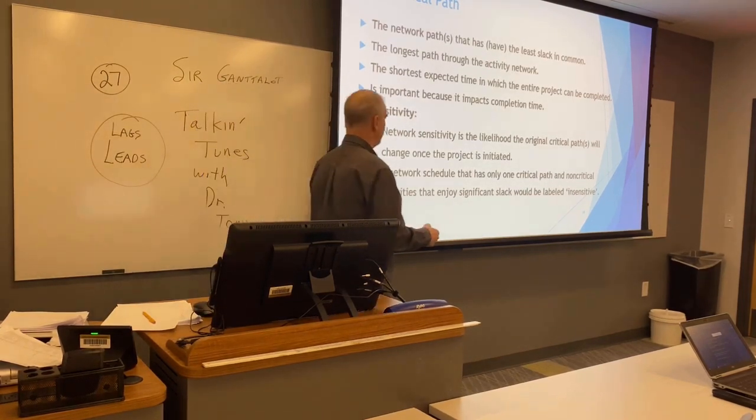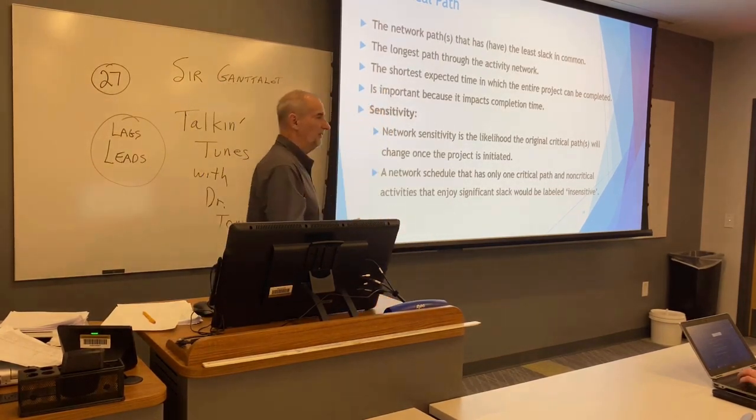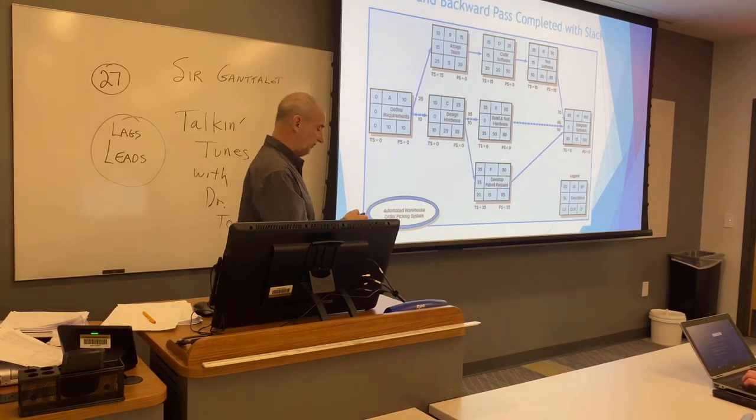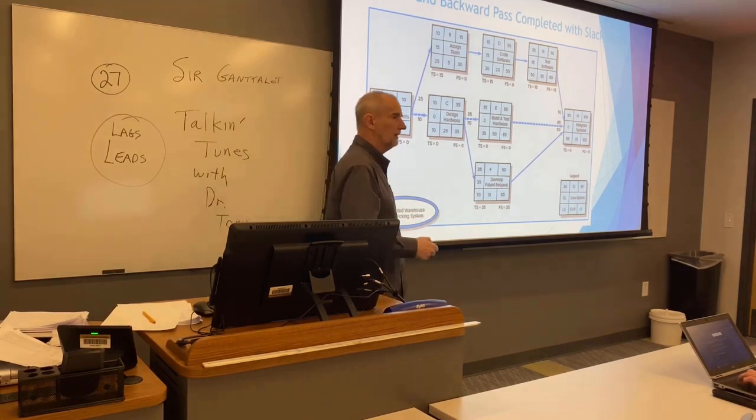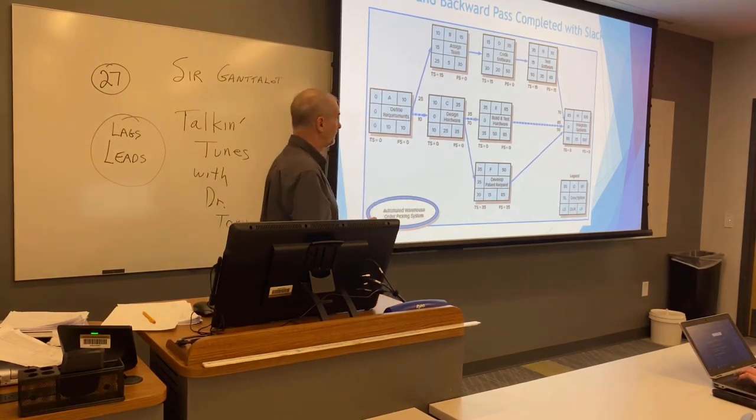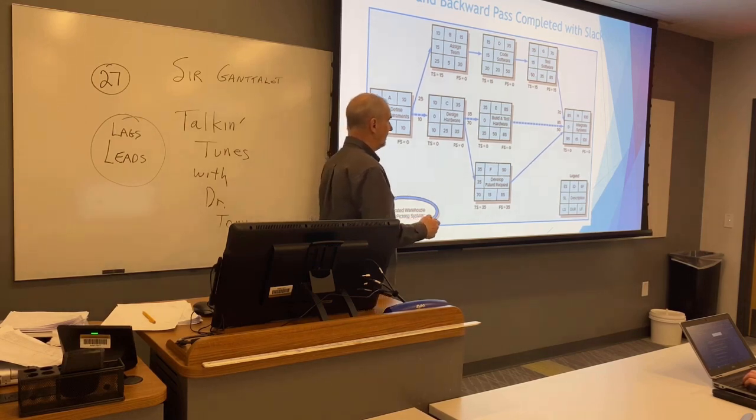Let's talk about sensitivity. These two paths are not very sensitive, are they? They're only sensitive if you exceed the slack. If somebody takes 50 days too long to do this one, if they start on day 50, which is the latest start, and they finish on day 100, this can't start till 100, can it?